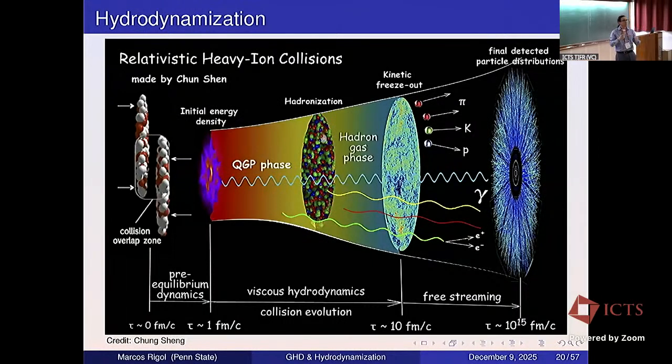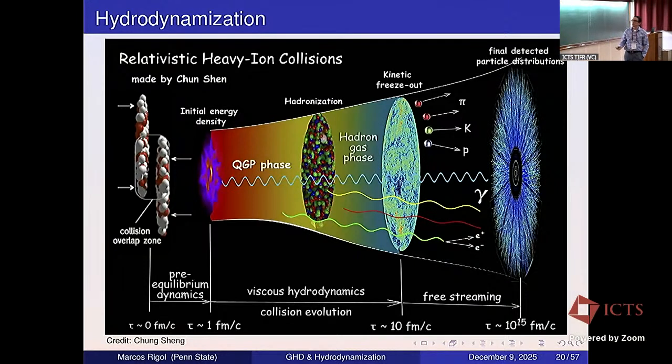There is some quantum dynamics in there, but after 1 femtometer divided by c, they can use hydrodynamics to describe what happens. The big question there is, where does that time scale come from? Interestingly enough, working with the coldest matter in the universe, these cold atoms, we can potentially say something about this hottest matter in the universe. That's something I'm going to be telling you about.